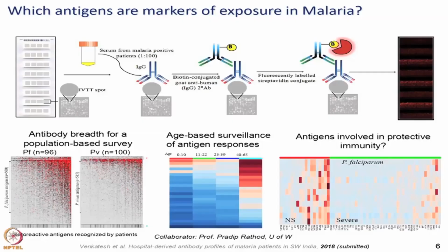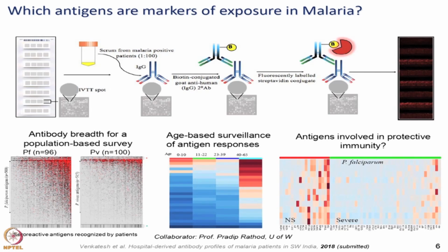Additionally, we used a protein microarray based platform to find out which antigens are markers of exposure in malaria. Some of this study can be a foundation for population based studies where one could ask various questions, such as: what is the antibody breadth in a population based survey?